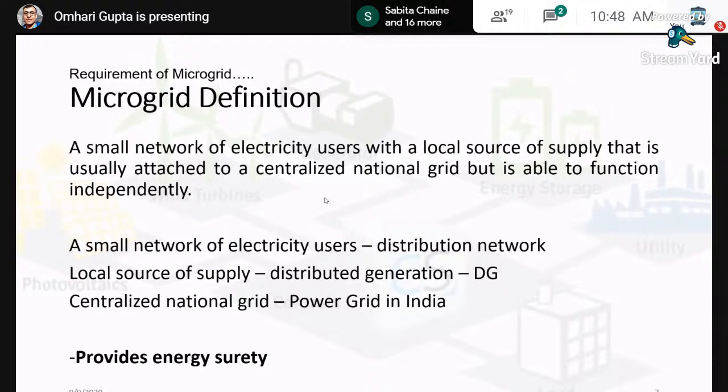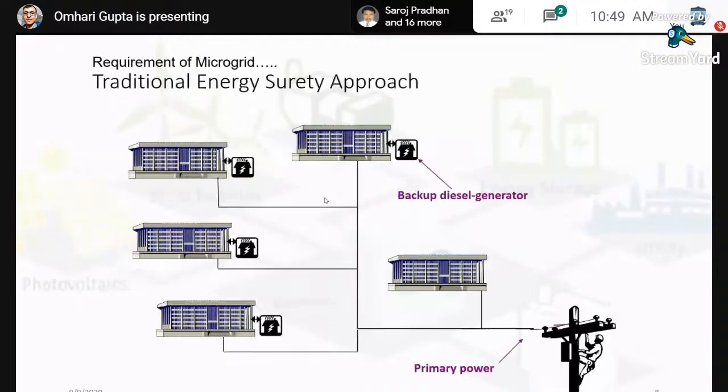this provides you energy surety. Why? That we can understand next. This was the earlier energy surety approach, where you install a diesel generator backup system at each household. Whoever requires the energy surety had to have a backup system in terms of a diesel generator.